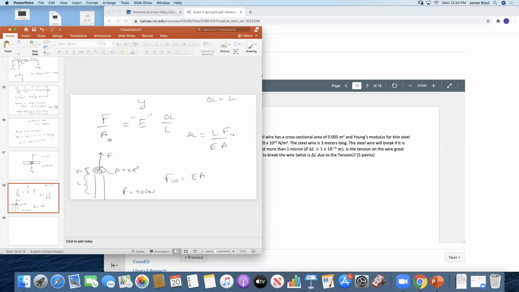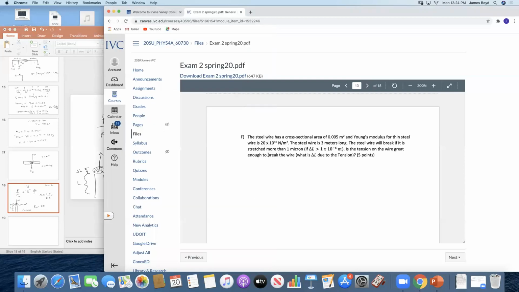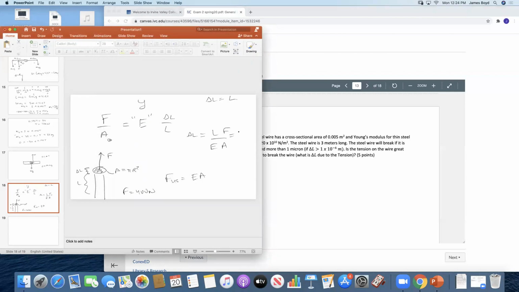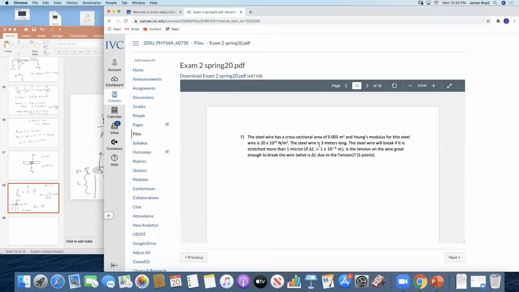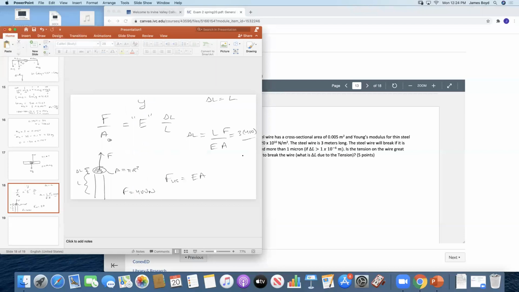Okay, so what we do is here, we're given the length is 3 meters long. We're told it's steel, so L is 3. Our tension force is 400. E is 2 times 10 to the 11th, or 20 times 10 to the 10th.